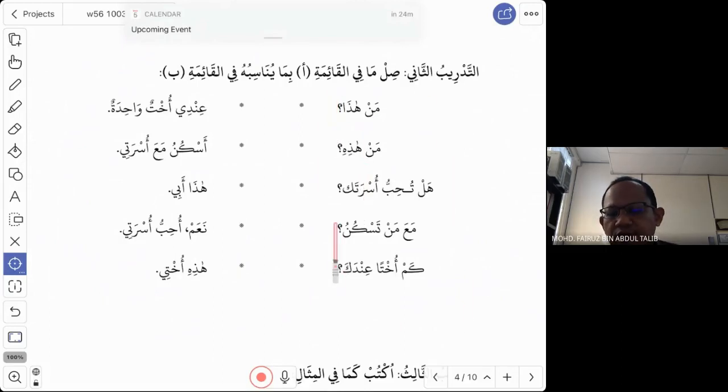So join these words bima yunasibuhu, with what is suitable. You look at the suitable pair. Here in this is in the form of question and answers. So these are the questions and these are the answers. So please find the answers. Let us try this together. Okay, number one. Yes, who would like to try this? Number one.